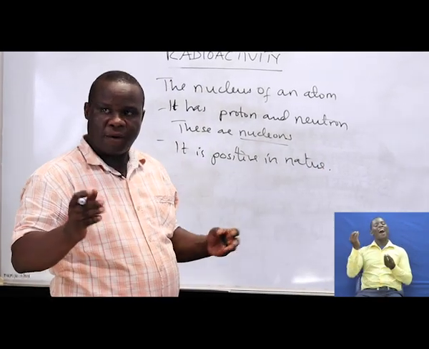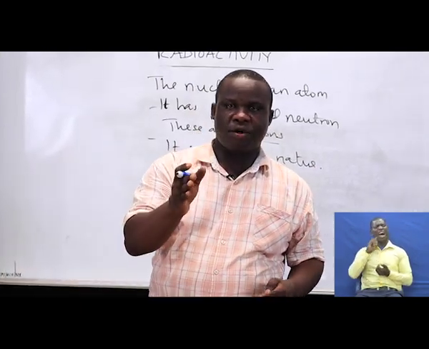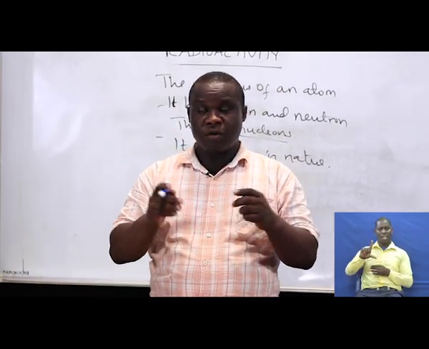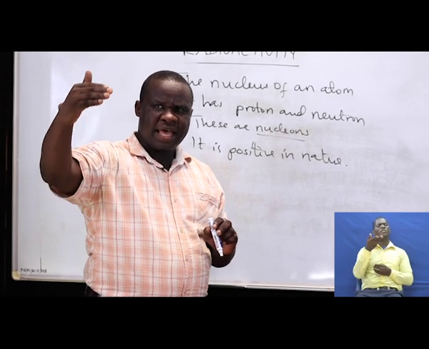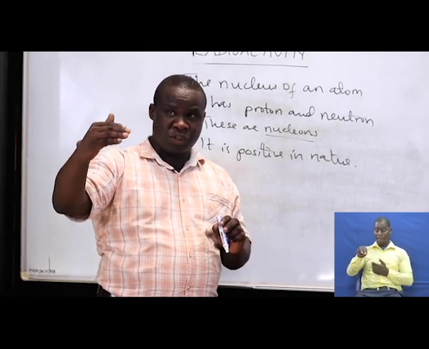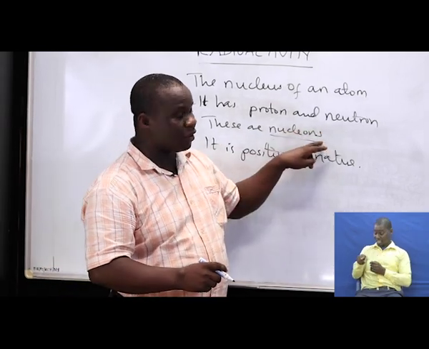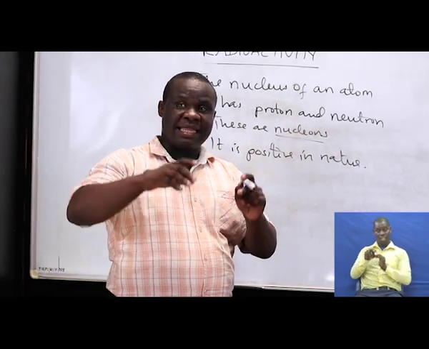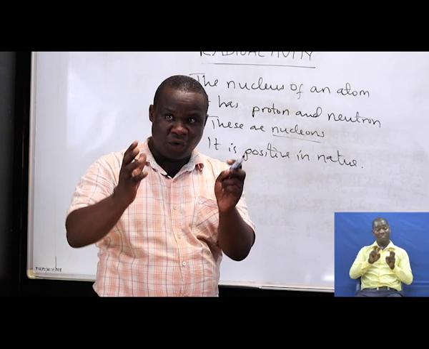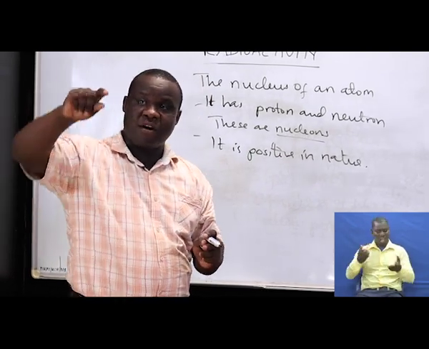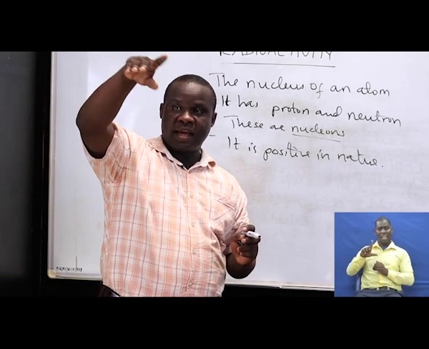Again, as we saw, try to see the mass of the proton, the mass of the electron, and the mass of the neutron. If you compare the mass of the proton and the neutron, the sum of it, which are the nucleons, you find that the mass of the nucleus is much larger compared to the mass of an electron, which is the one found in the shell.